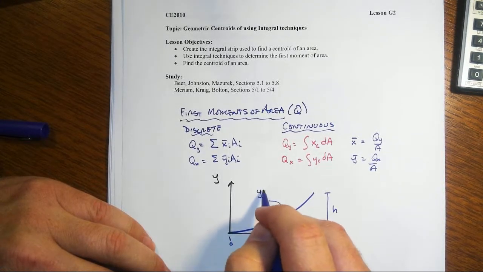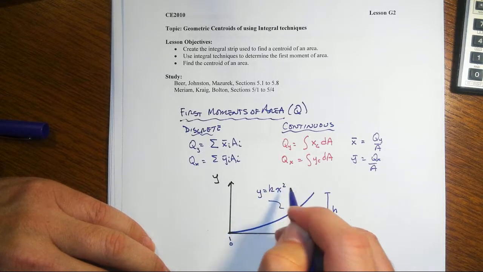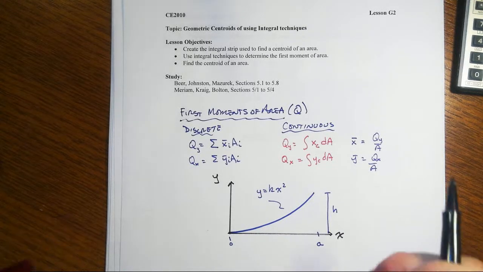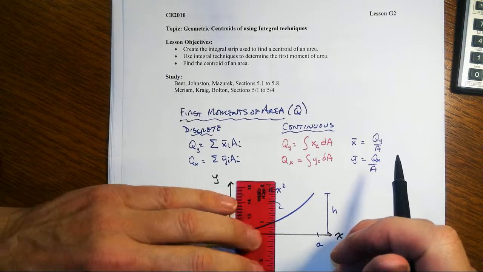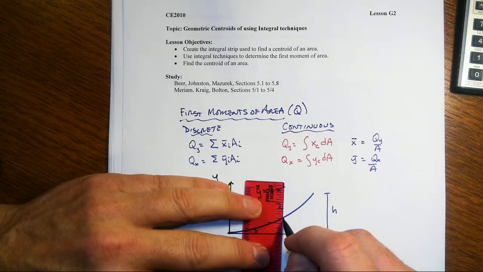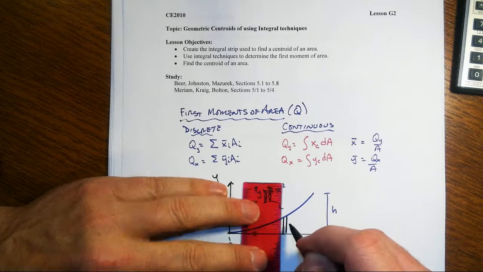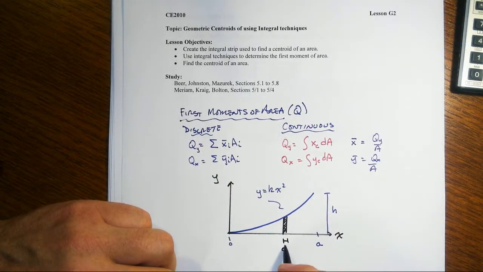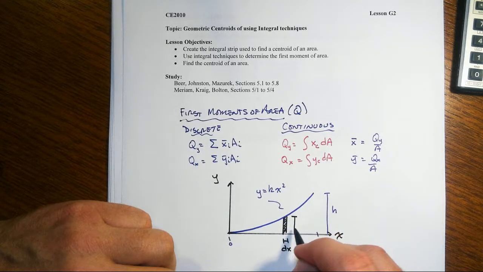The equation is y equals kx squared. You'll see in another example why I use that specific one, but it's just a parabola here, and that part isn't so crucial. What's crucial is I've decided to do a differential strip, which was easy to define, and that would be a vertical one, where we've got the base at dx, and the height is y.